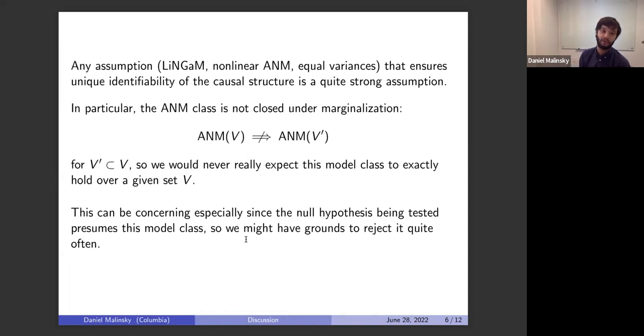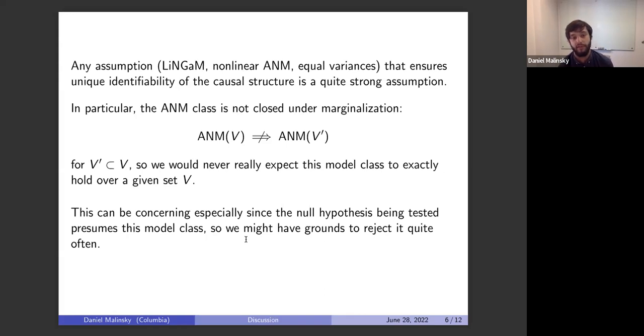Any assumption, whether it's a LiNGAM model, a nonlinear additive noise model, or one of these equal variances type models, that ensures unique identifiability of the causal structure is quite a strong assumption. It's going to lead to these strong guarantees, but it's potentially easy to violate. In particular, the additive noise model class is not closed under marginalization.